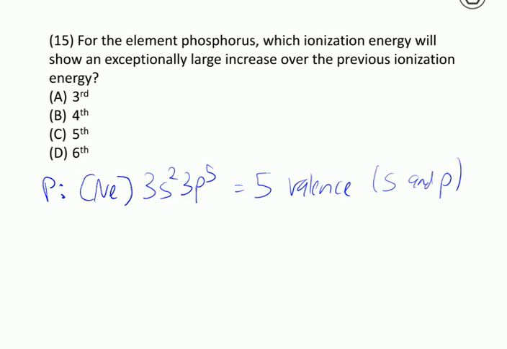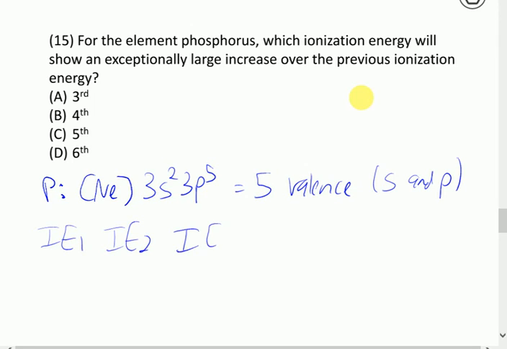So when we have successive ionization energies for phosphorus, each one represents removing one electron at a time. The first ionization energy removes the first, the second, third, and so on.